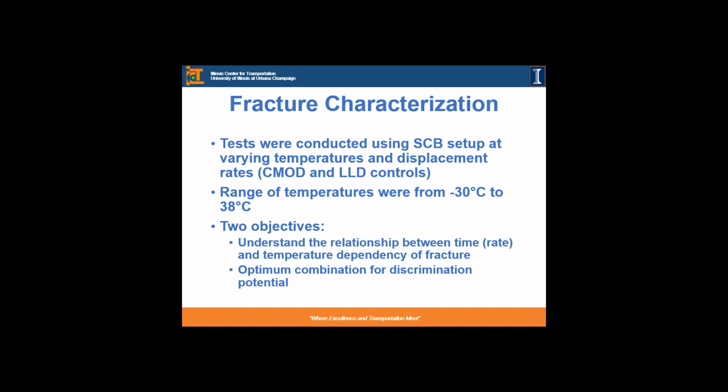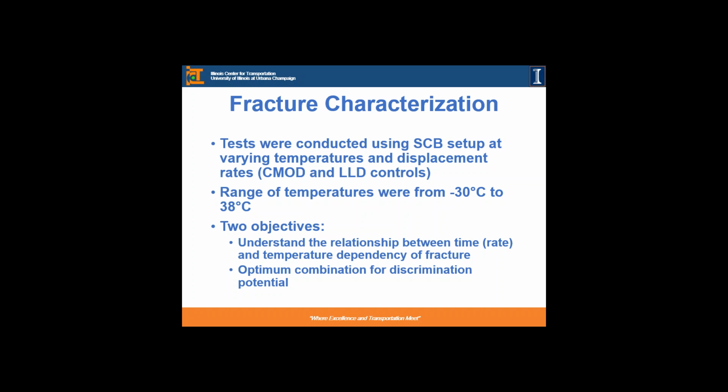For fracture characterization, we did 2 types of fracture tests, but apart from that, we ran tests all the way from -30 to 38 degrees Celsius to see the performance of these mixes at different temperature ranges. The major objectives were to understand, first of all, the relationship between the time, rate and temperature dependency of fracture, and also the optimum combination for discrimination potential.